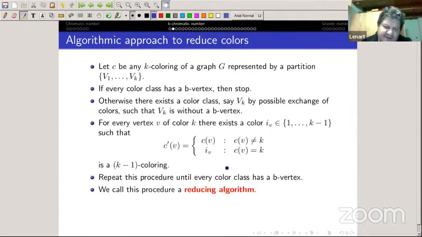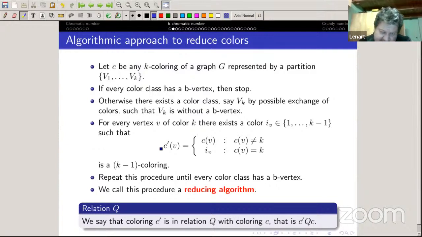Now the question here is, with what do we start? Which kind of coloring do we start with? We can start with a coloring where every vertex has a different color. Of course, this is maybe not the optimal way, but still, if we start like that, nothing can go wrong.